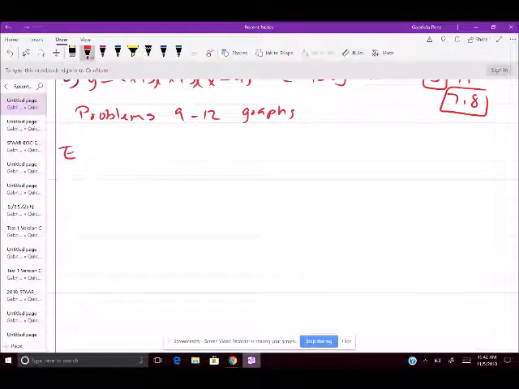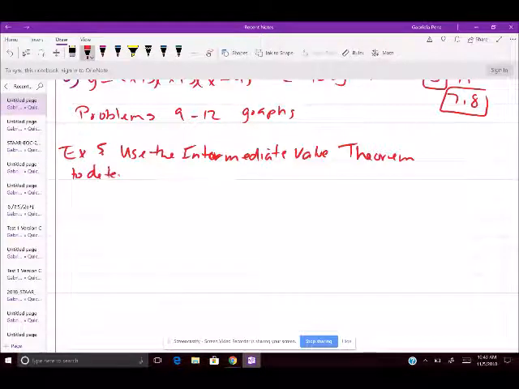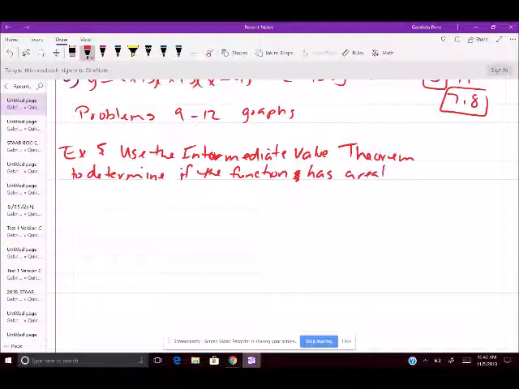So for example number 5, it says use the intermediate value theorem to determine if the function has a real zero.